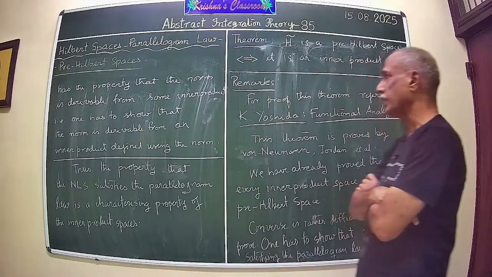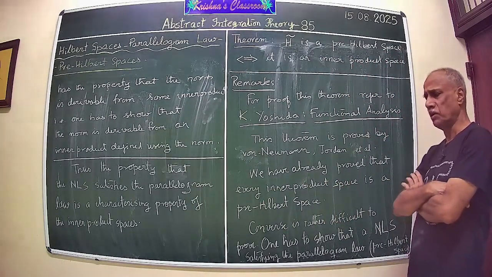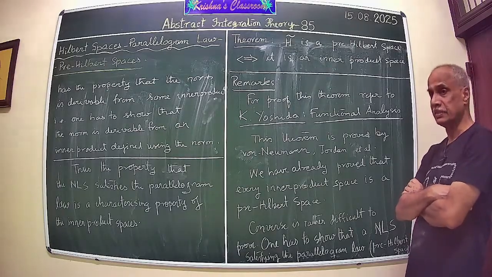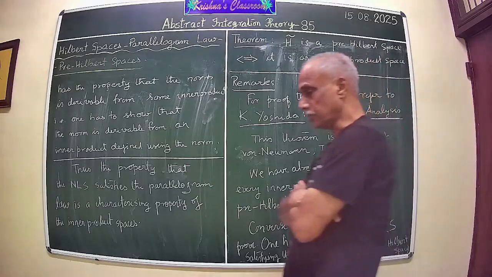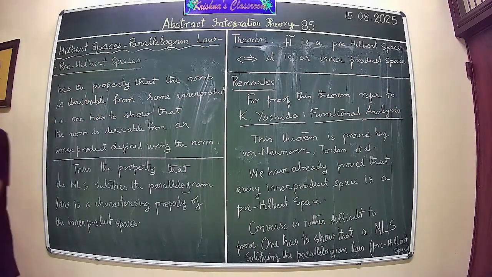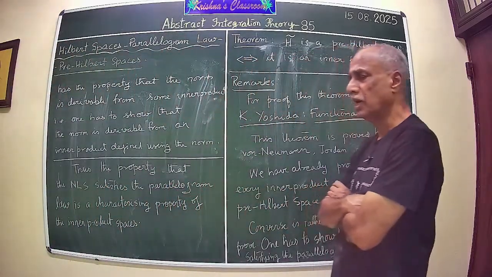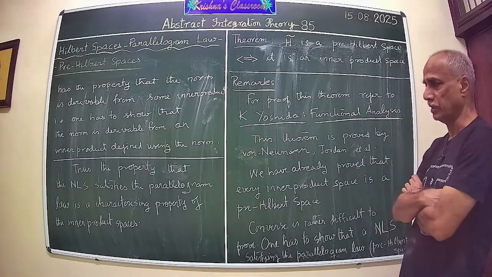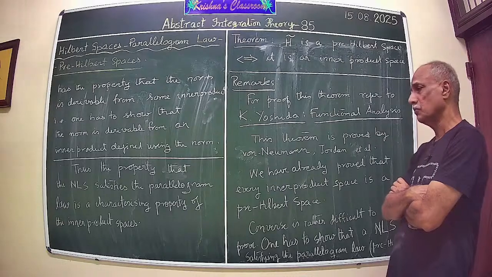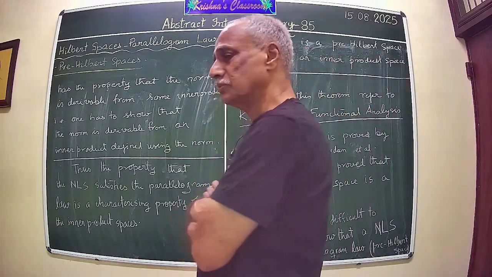So I am not taking it up, but I think in one of the earlier lectures on Hilbert spaces in this series, you can refer to the series of lectures earlier. If my memory is right, I think I have proved it there. Okay. So with this, I conclude today's lecture, and thank you very much.